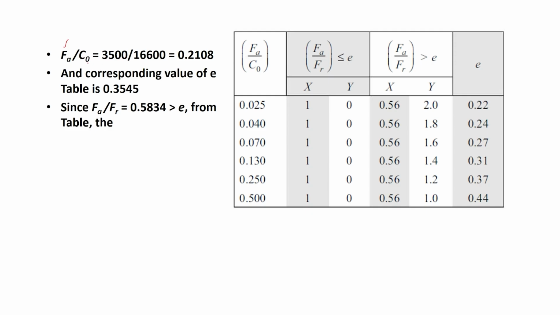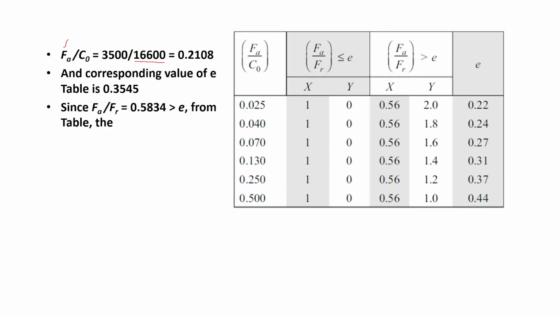It is divided by the value of C0, which is obtained by selecting a particular bearing. We had selected a bearing and the corresponding value of C0 is 16,600, and so Fa upon C0 is 0.2108.